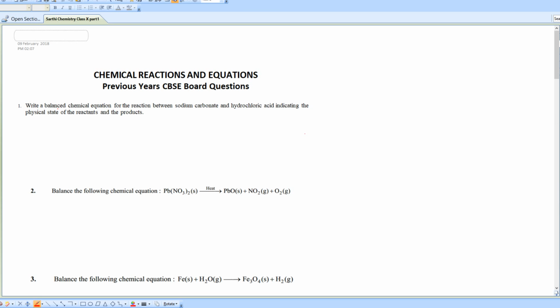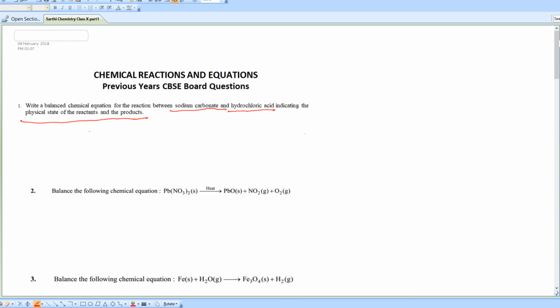The first question is: write a balanced chemical reaction between sodium carbonate and hydrochloric acid, which is HCl, indicating the physical state of the reactants and products. Now, the first thing that you learned in this chapter is that apart from writing the chemical equation and balancing it, we have to write the physical states also of each reactant and the products which have been formed. So let's start with this.